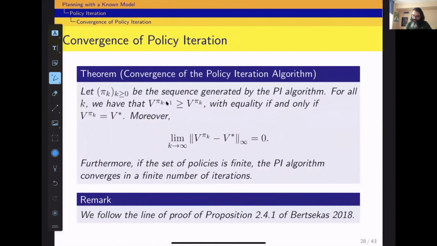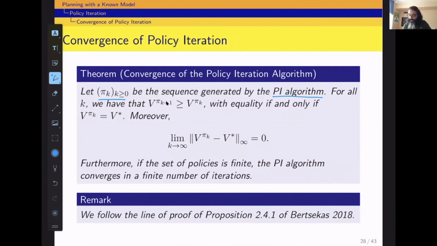Okay, so let's state this policy iteration algorithm's convergence. This theorem has several statements. Say we start from the policy iteration algorithm and generate a sequence of pi k's. So let pi k be the sequence generated by the algorithm.